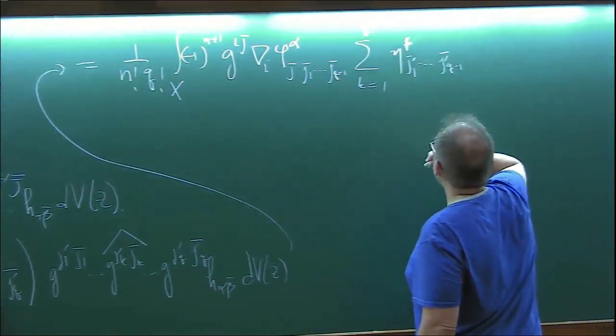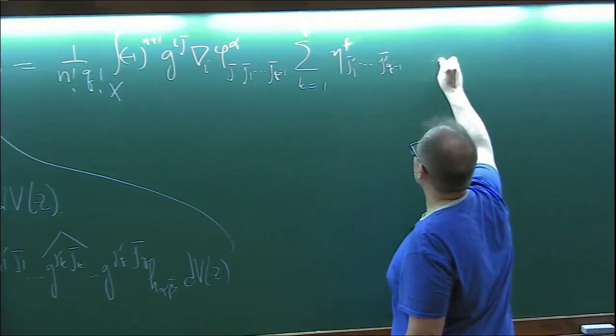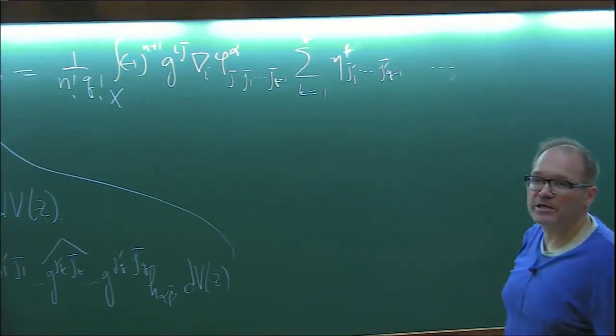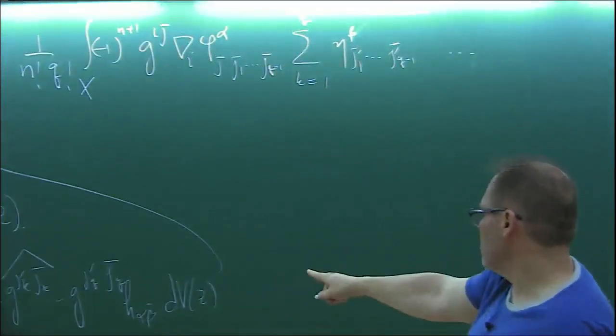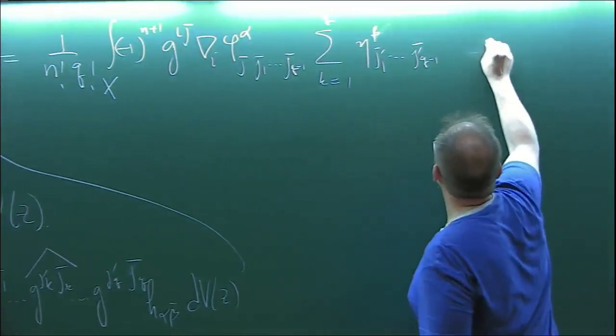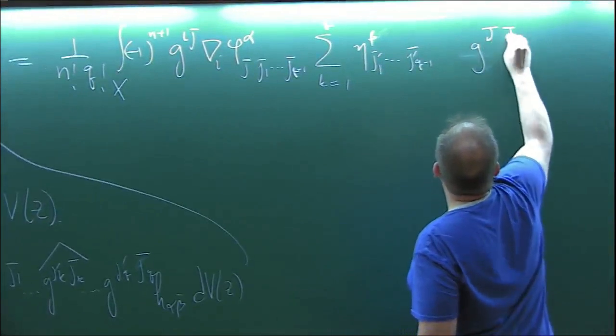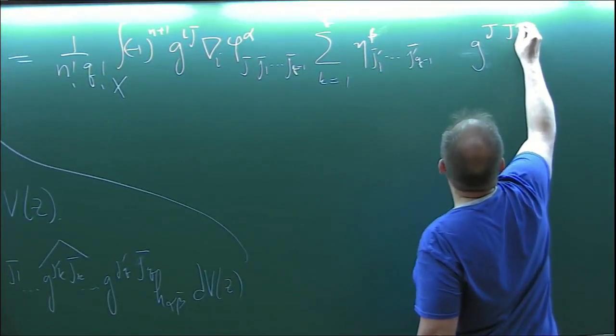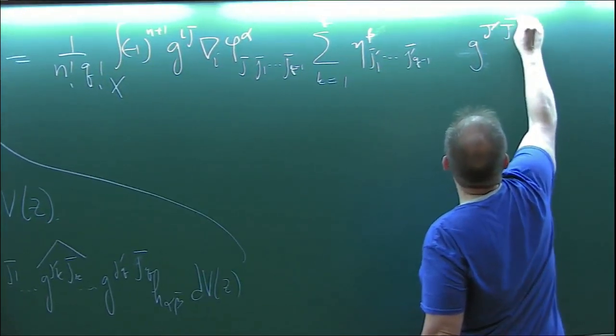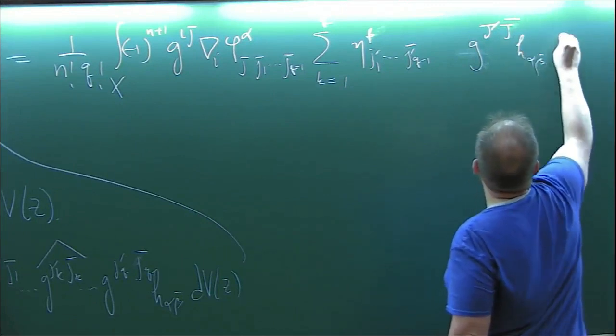Conjugate. And then metrics that I don't want to spend time writing again. There are those metrics, or maybe I should just write it. It says G, J, J prime, J bar, H alpha beta bar.